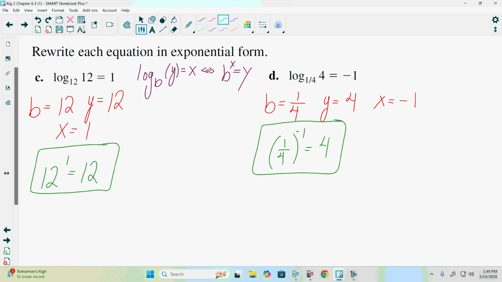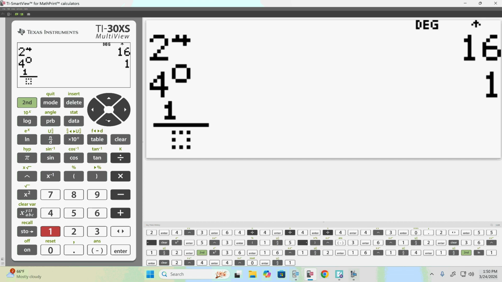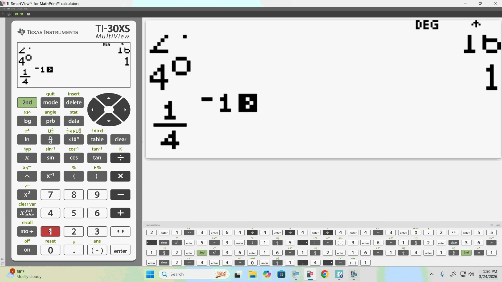Especially when we get these fractional bases, it's going to be good to write parentheses around it, so we signify that that power, that -1, is being applied to the whole fraction, not just to the numerator alone. Most calculators, as long as we signify 1/4 to the -1, for the most part, will understand it's being applied to the whole thing.